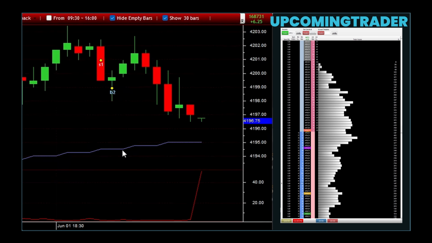Traders often look to enter a short position as the price breaks below the support level formed by the lows between the two peaks, anticipating a further decline. On the other hand, a double bottom forms after a downtrend and looks like the letter W.